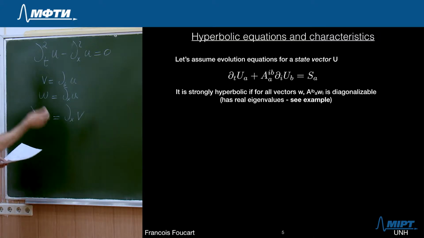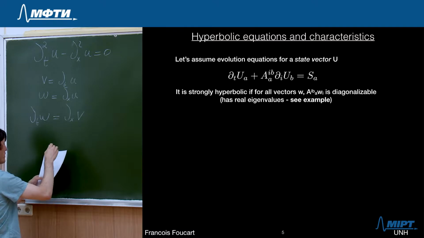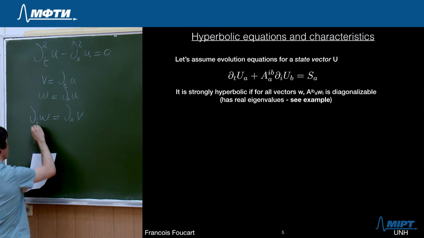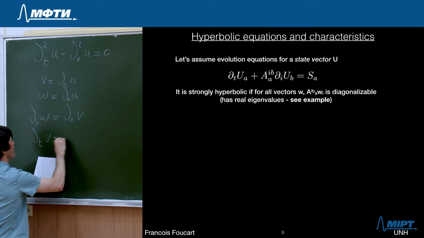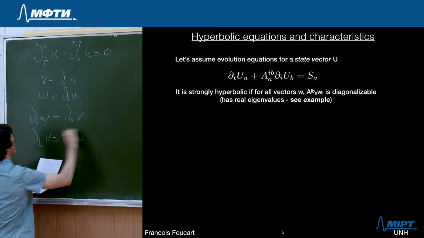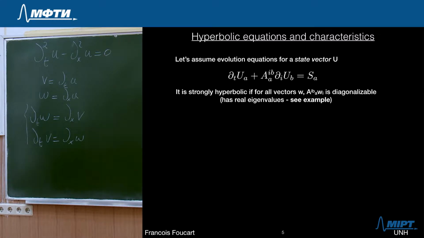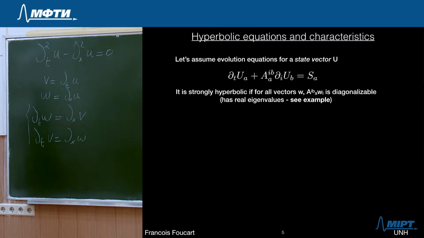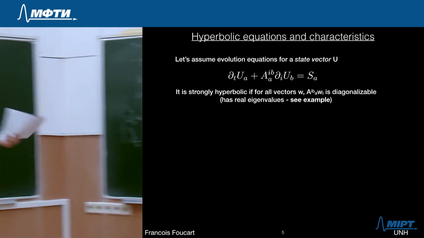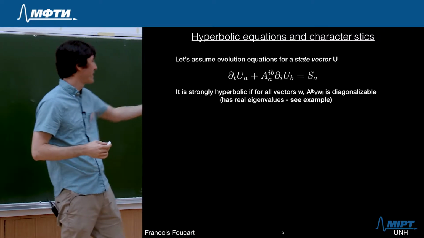It's just changing the ordering of partial derivatives. And delta t of v, similarly, is delta x of w. Right? Of course, if I do that for Einstein's equations of general relativity, it's going to be a lot more complicated because there are a lot more variables. But I can also reduce them to a first order form in time at least.